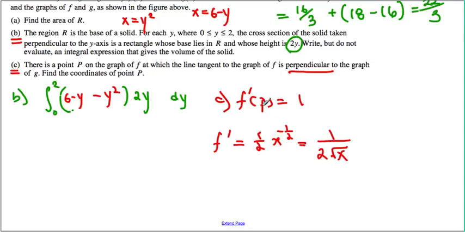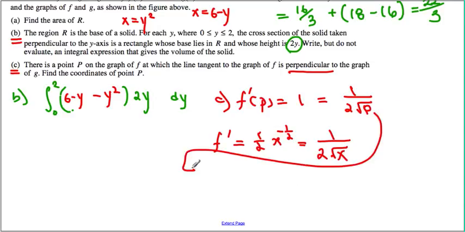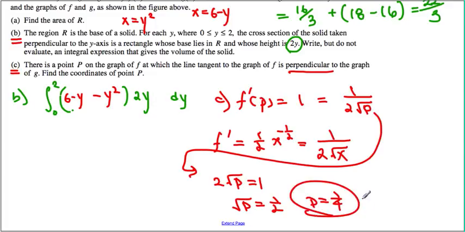Now, in place of x we put p, so this becomes 1/2 square root of p. Of course, we can cross multiply. Then we end up getting 2 square root of p must be equal to 1. Dividing by 2, we get square root of p is equal to 1/2. Then obviously p becomes 1/4. So there it goes. P becomes 1/4.